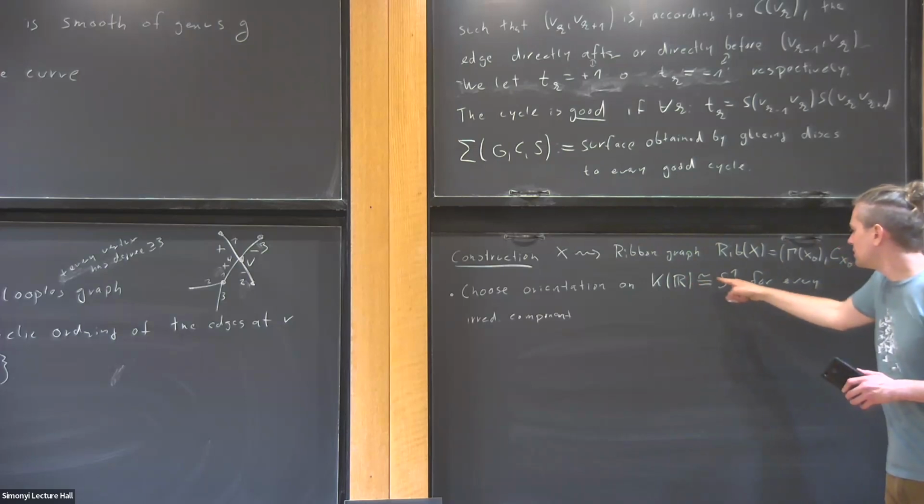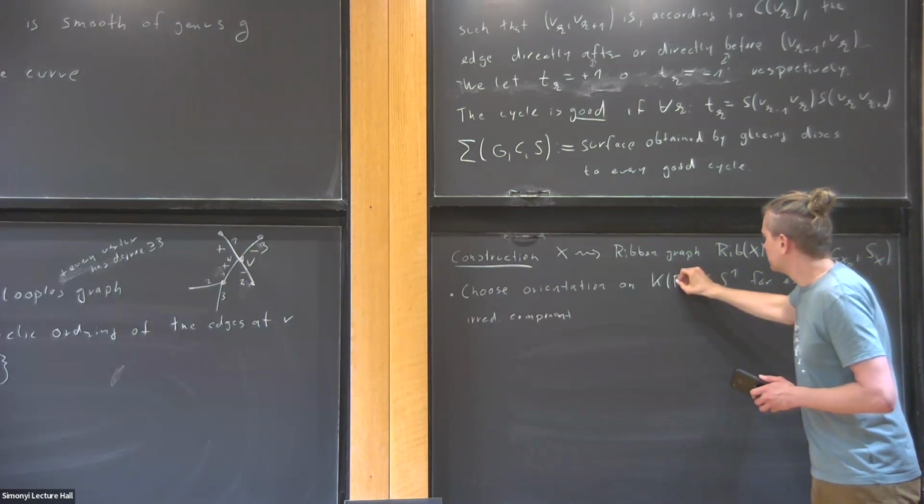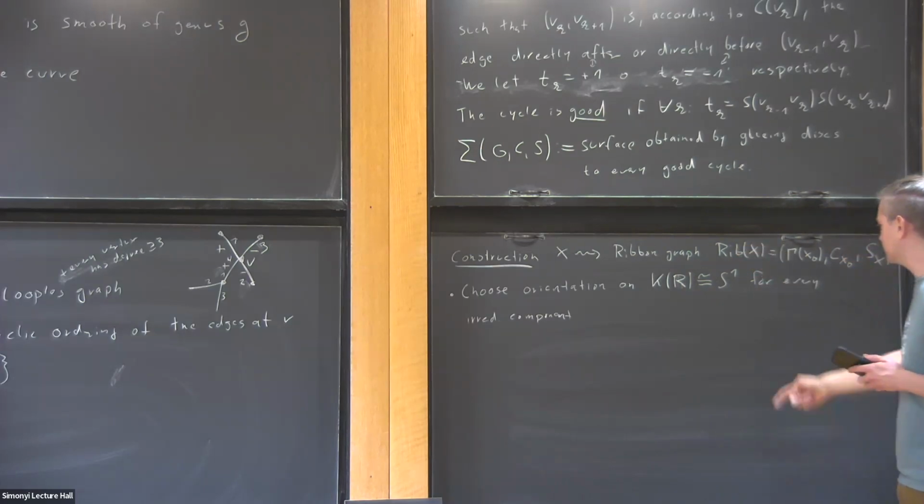So the real part is always a circle, whatever this means over an algebraically closed field. And then you can have an orientation, either clockwise or counterclockwise, and according to this you order the nodes, which correspond to the edges adjacent to this vertex.